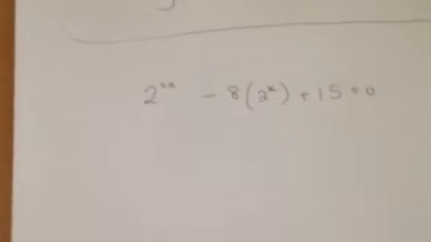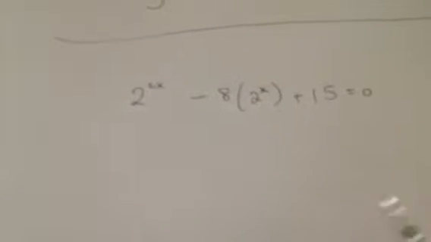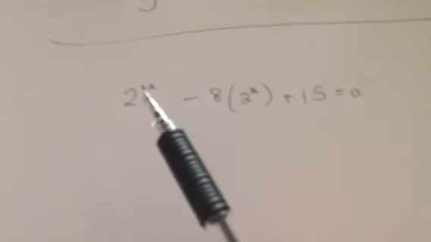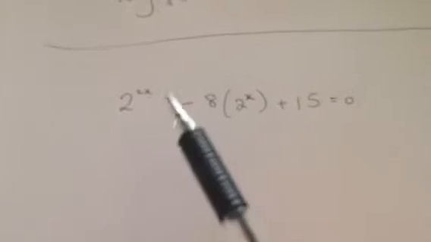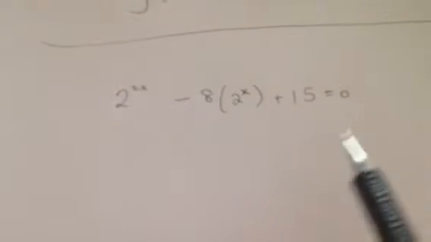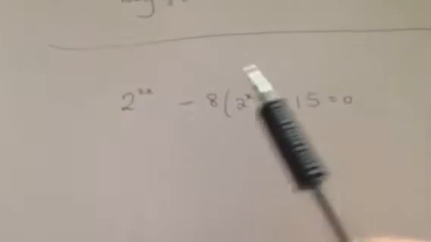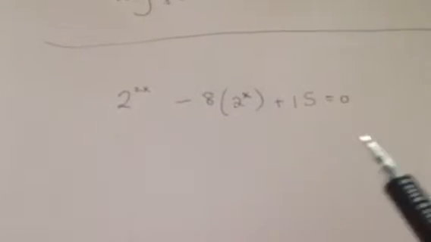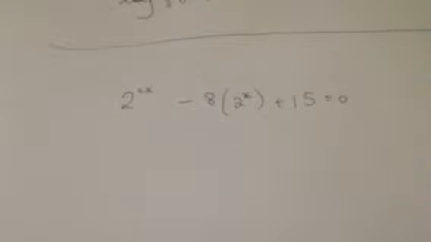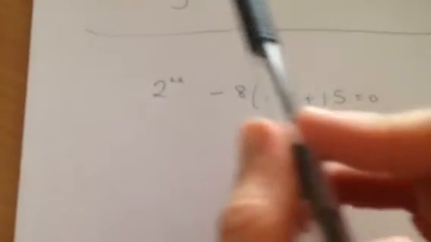So if we have something like this, now I need to be able to use my rules of indices in order to work out this question, and I need to recognize that I'm going to try and write this as a trinomial. You might need revision of your indices in order to look at this question, but I just want to show you that at the end I could end up using logs, whether it's in the middle of a question or here it'll be at the end of it.